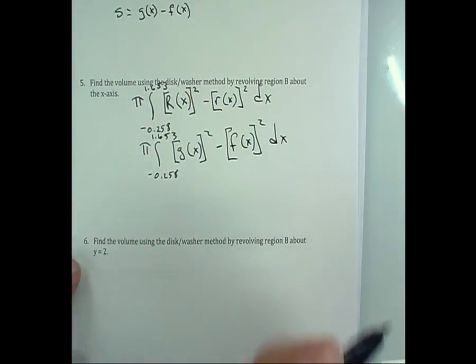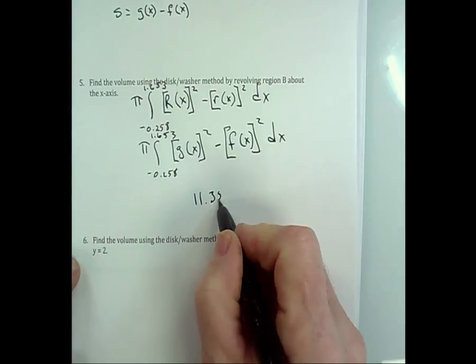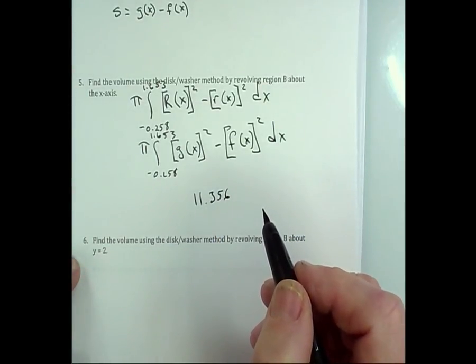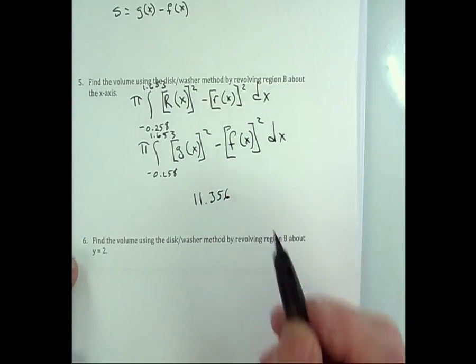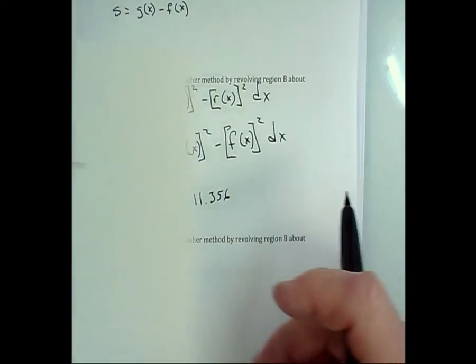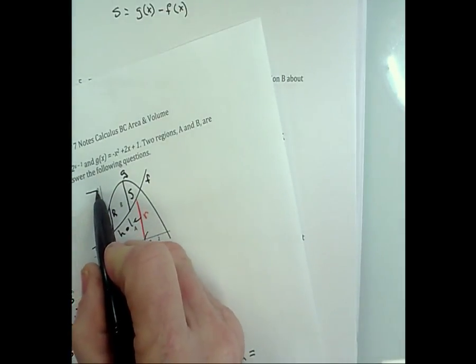Jonathan, I got 11.356. Is that confirmed? I got the same thing. Okay. All right, now same thing, volume at y equals 2, which is right here.